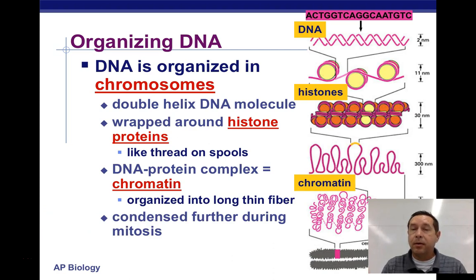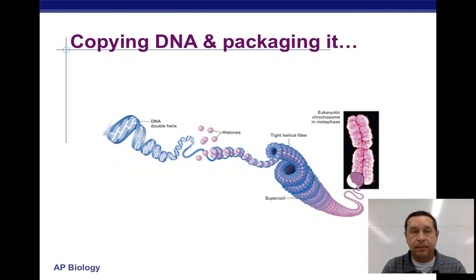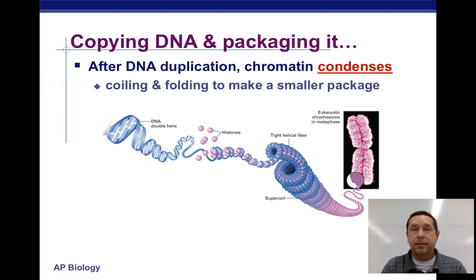In mitosis, the chromatin condenses further into the chromosomes. So after DNA duplicates, the chromatin is going to condense. It's going to fold, it's going to coil up, it's going to get these supercoils and all these different things. And it's going to form a typical chromosome.